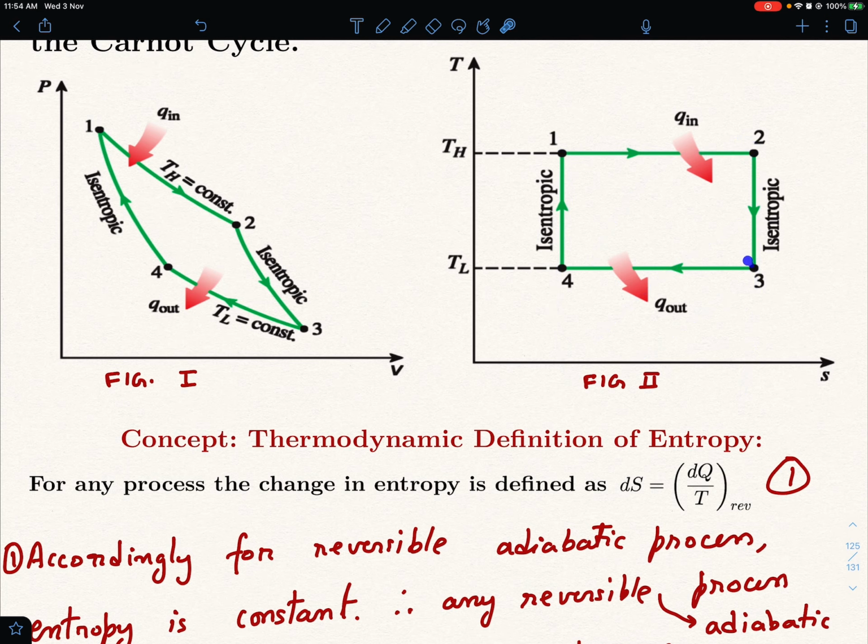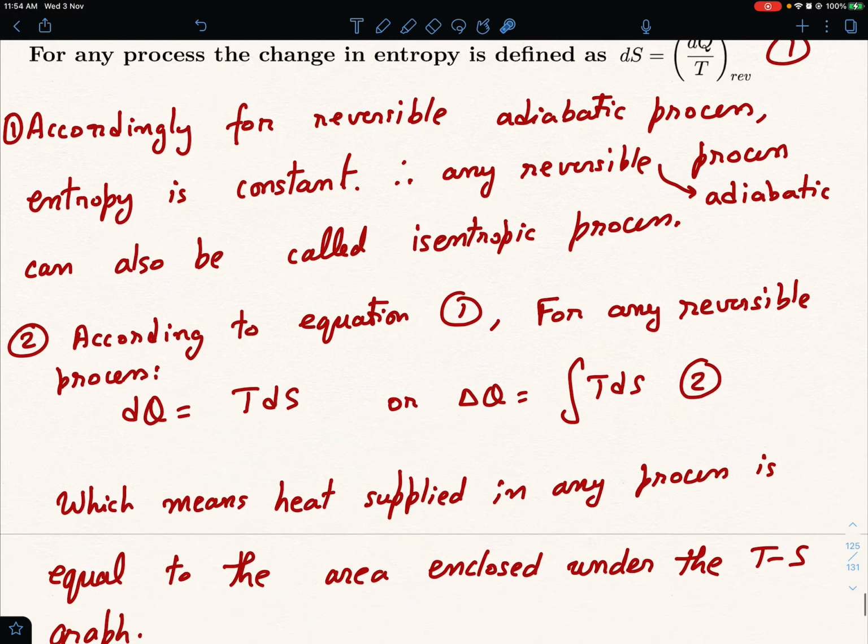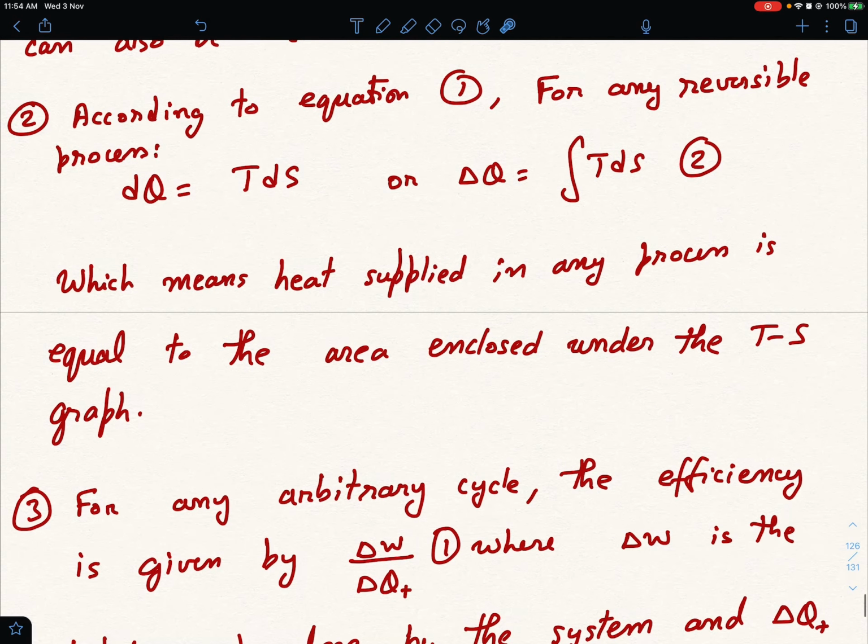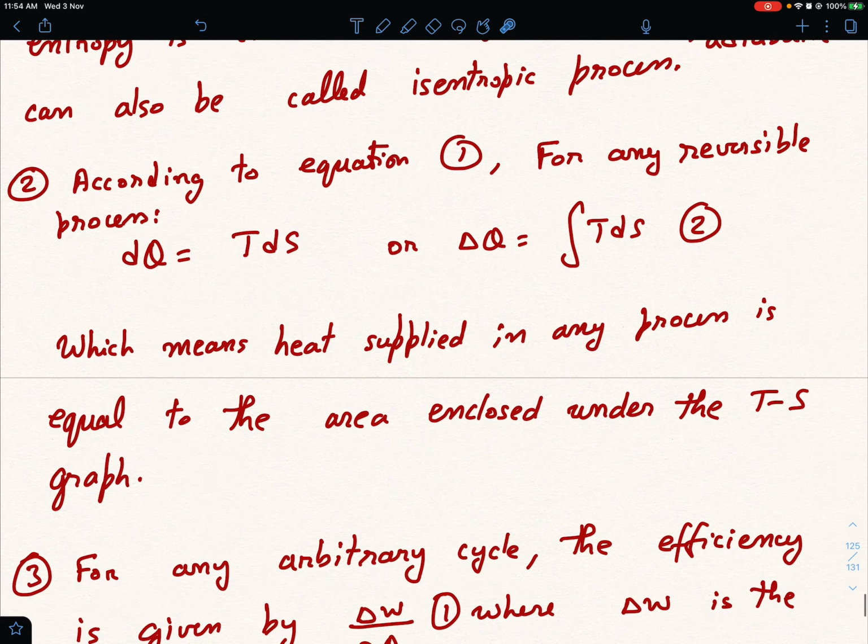So from 1 to 2, this area is the heat supplied, and from 3 to 4, this much area is the rejected heat. Obviously for the isentropic processes there is no heat absorption, therefore the area under each vertical line is 0, because no heat is supplied or removed from the system.